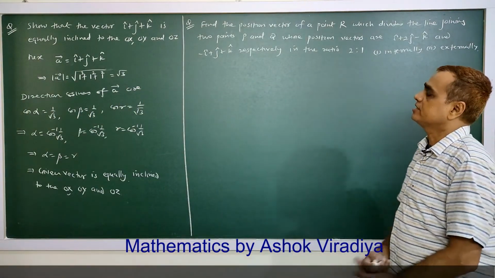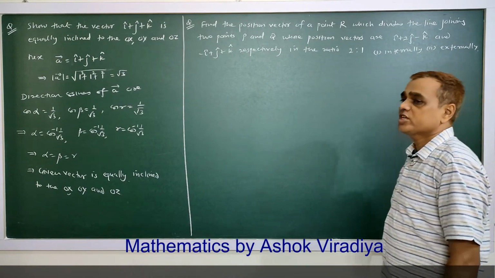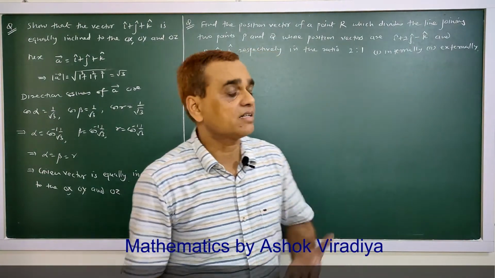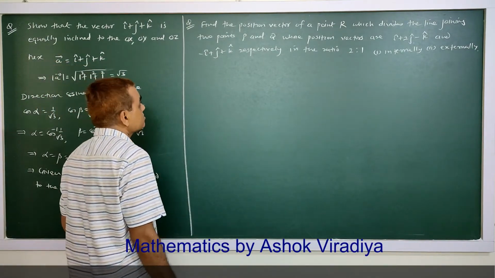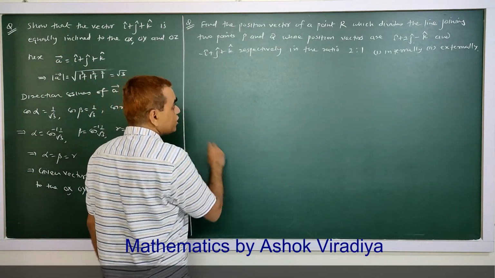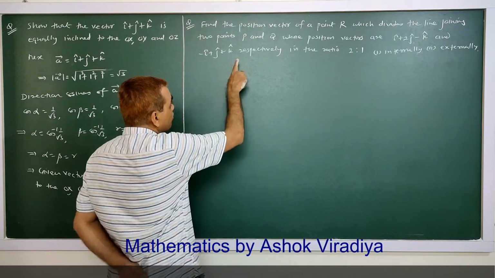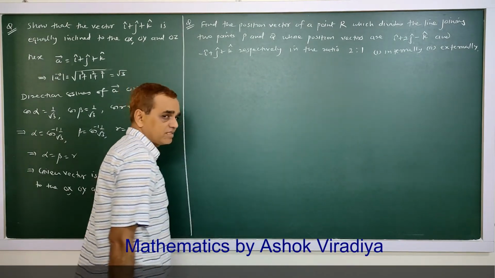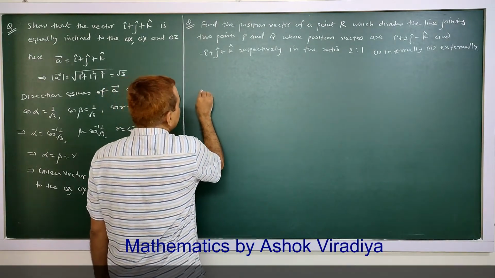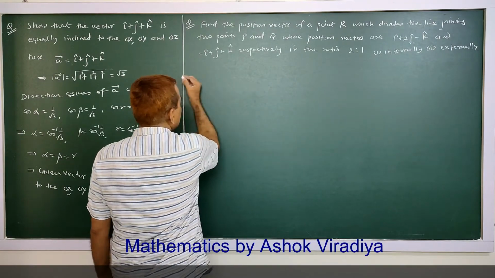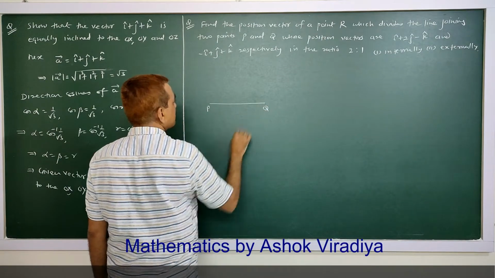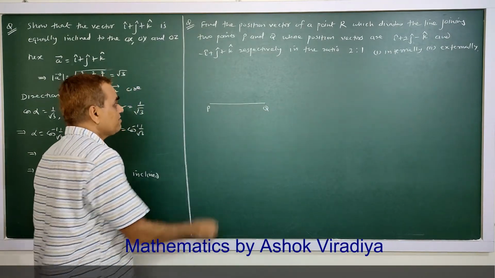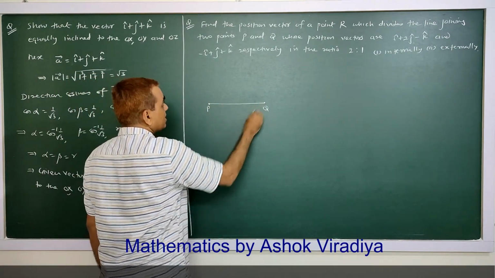Now in this question, find position vector of a point R which divides the line joining 2 points P and Q, whose position vectors are given. Say here, the line is joining P and Q. Position vectors of P and Q are given.